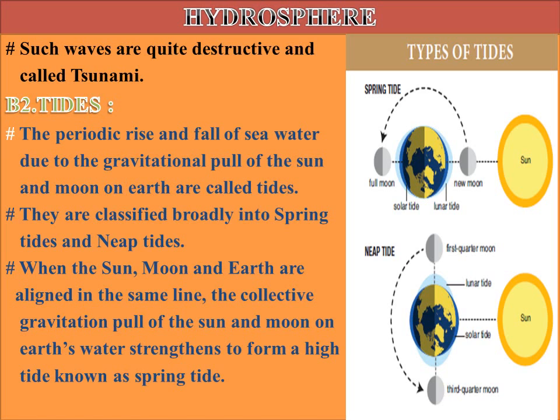The collective gravitational pull of the sun and moon on earth's water strengthens to form a high tide known as spring tide. Such tides always occur on full moon and new moon days.